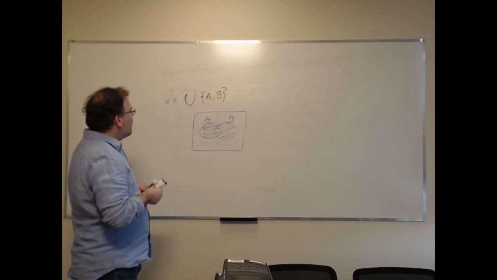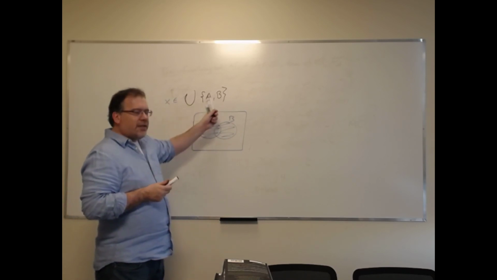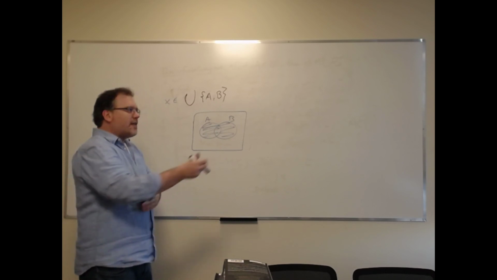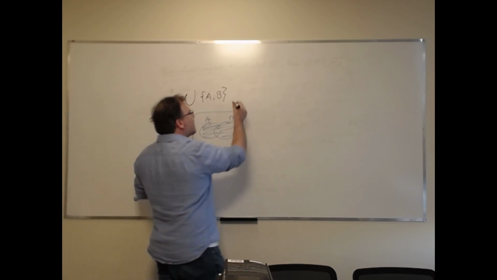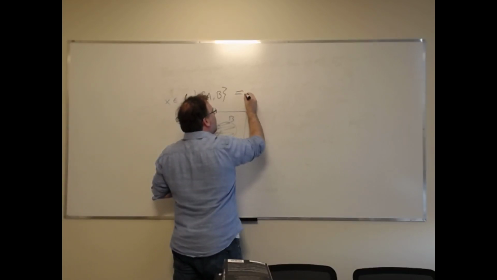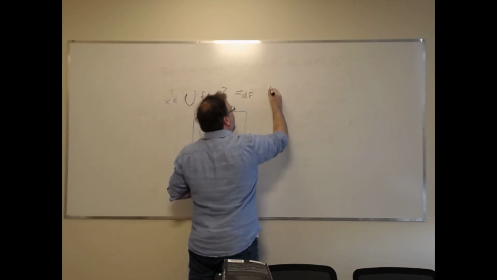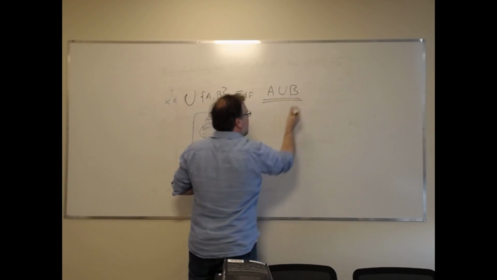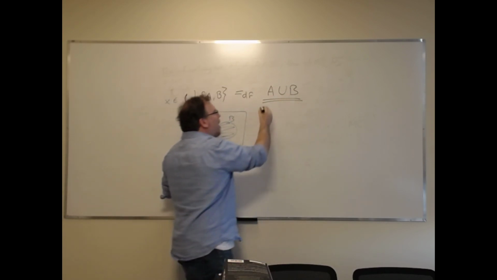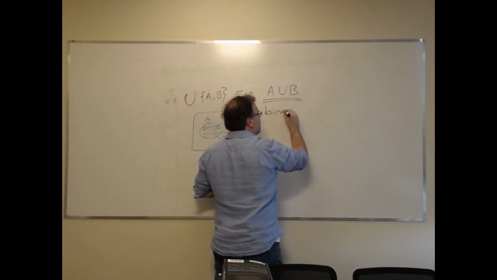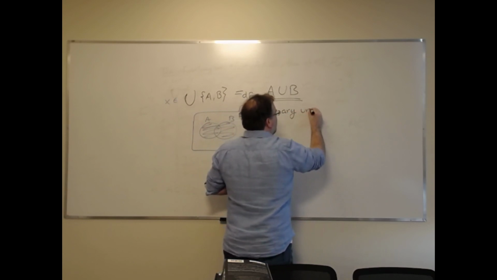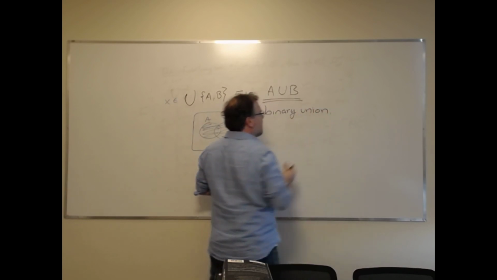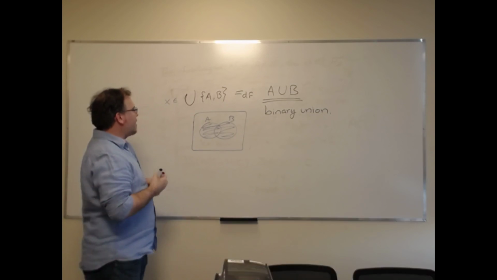So the union of that pair of sets is going to be our official definition for the thing that you've been used to seeing all this time, namely the binary union. The union connecting two sets together is, guess what?